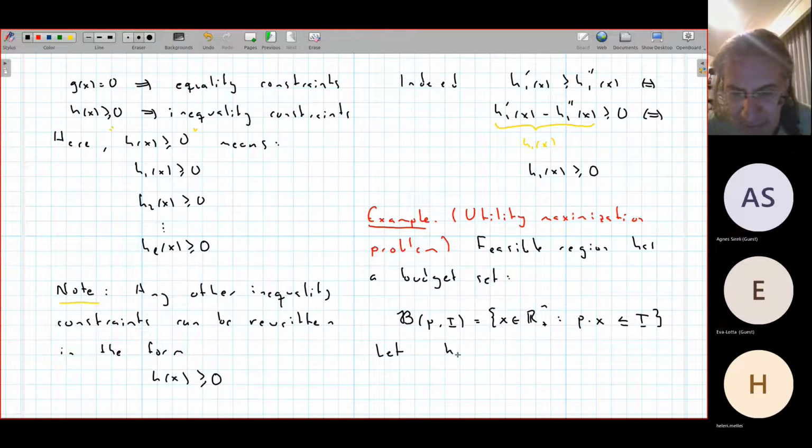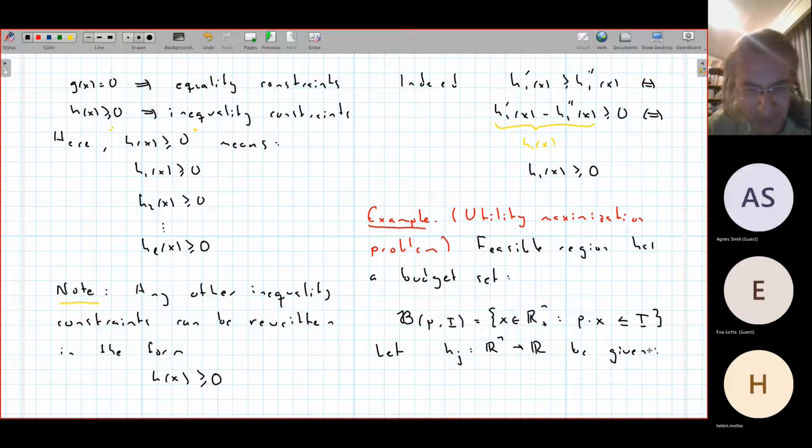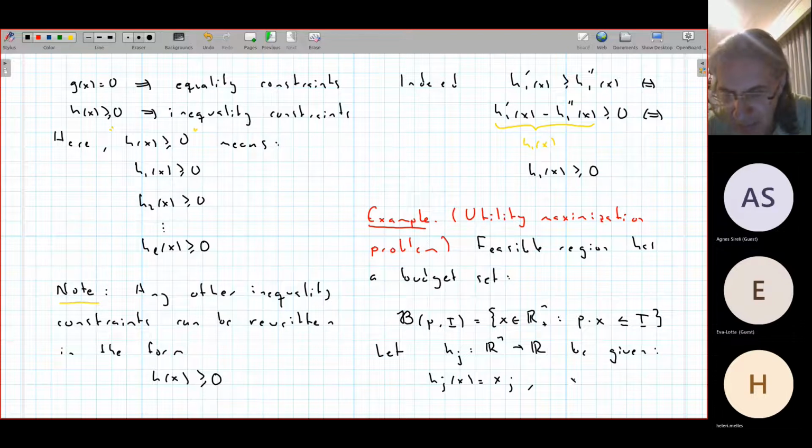We're going to define the functions hj from Rn into R. They're going to be given in the following form: hj of x is going to be xj, where x is this vector, and that's for j from 1 to n.